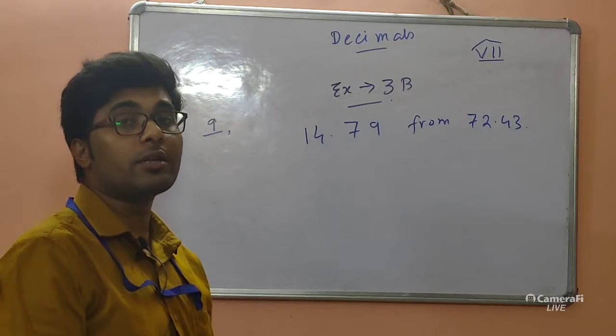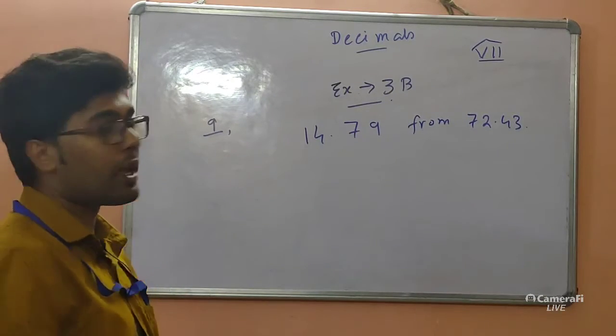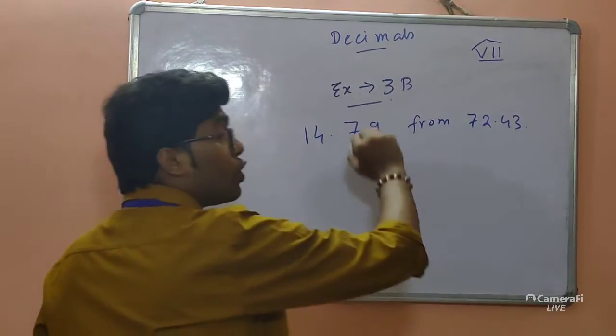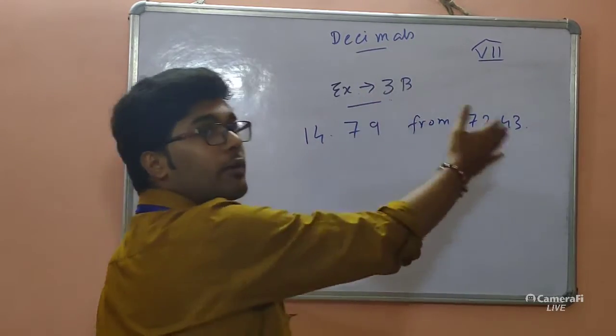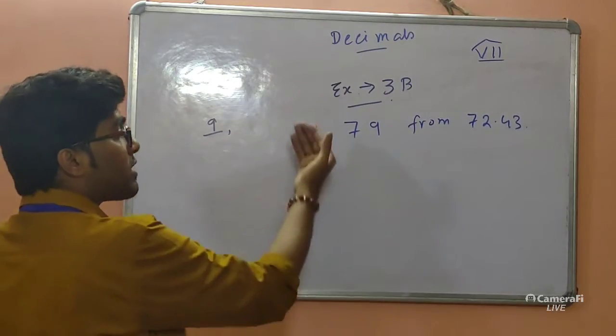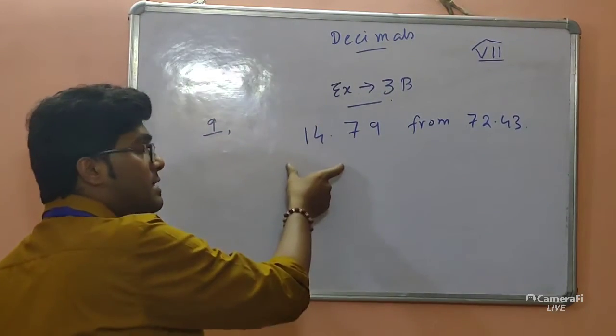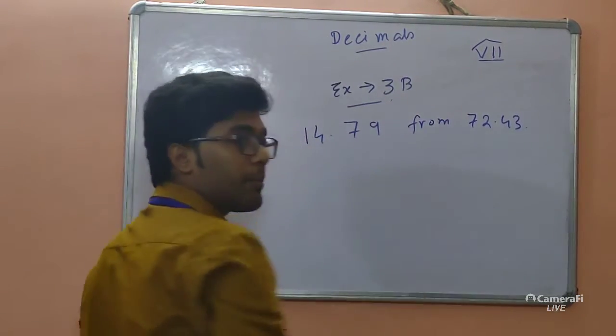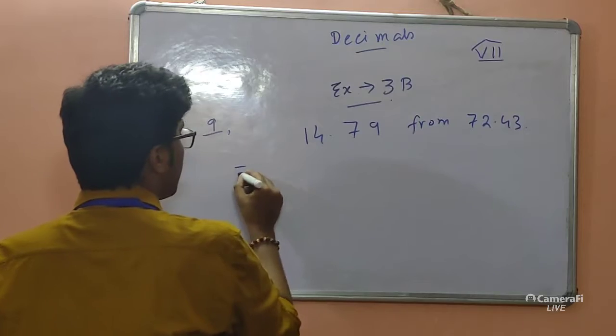From next question onwards we will skip some steps. Okay, so what is the question? 14.79 from this. So whatever is written after from, that is the big number. We have to subtract this, therefore this number should be written below of this number. Clear? How? Let us see.